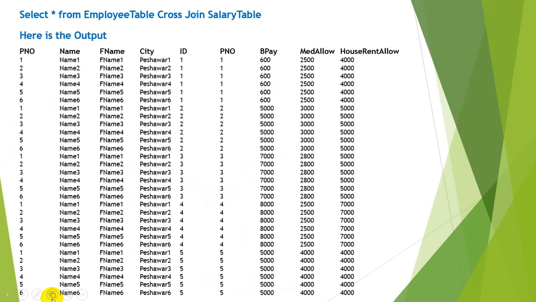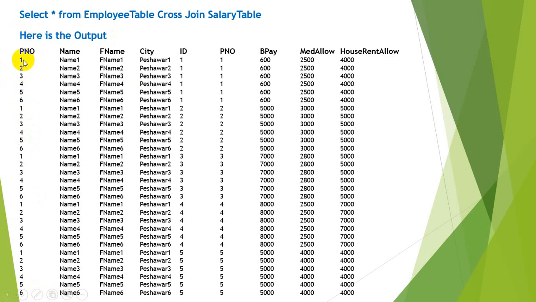Let's take a simple example. This is the syntax: select all from employee table cross join salary table. In cross join, there is no condition, there is no ON keyword. We will just use cross join between the two tables. Here we can see person numbers 1 to 6, 1 2 3 4 5 6.